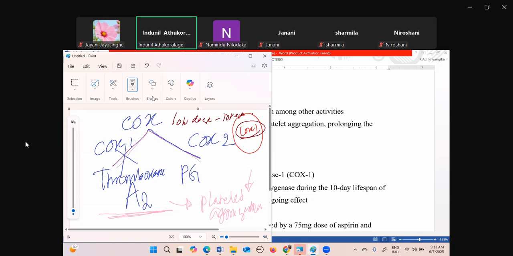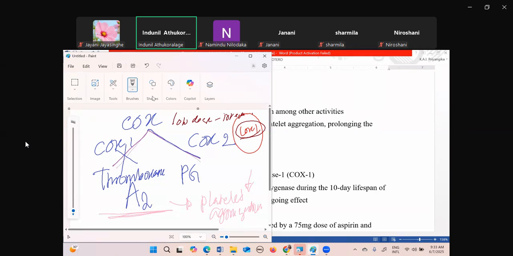So if we repeatedly use this 75 milligrams, we can achieve a long-term antiplatelet effect, because it will take around 10 days to produce new COX enzyme.